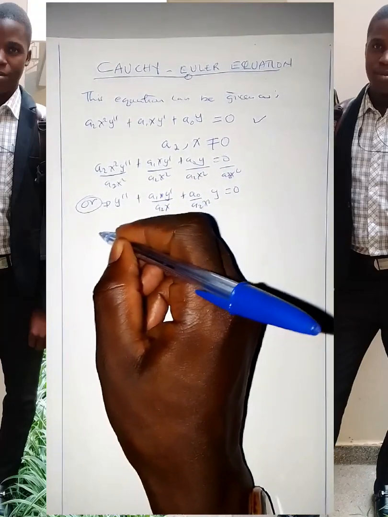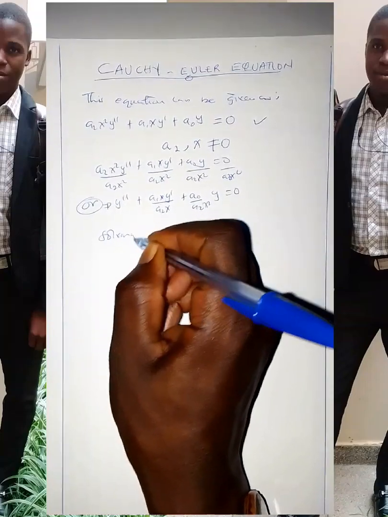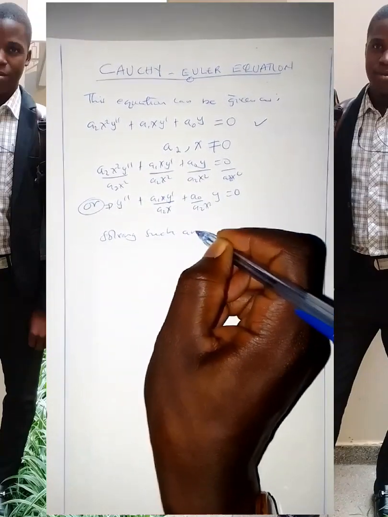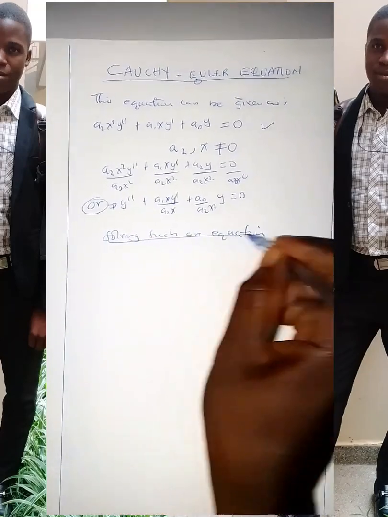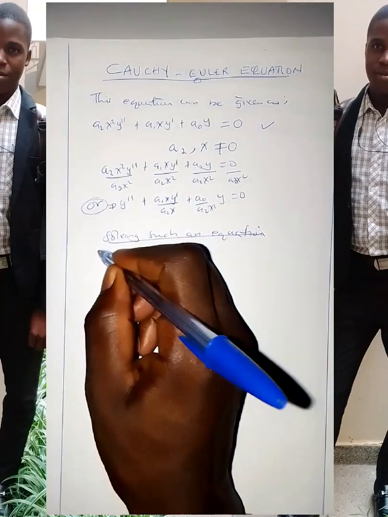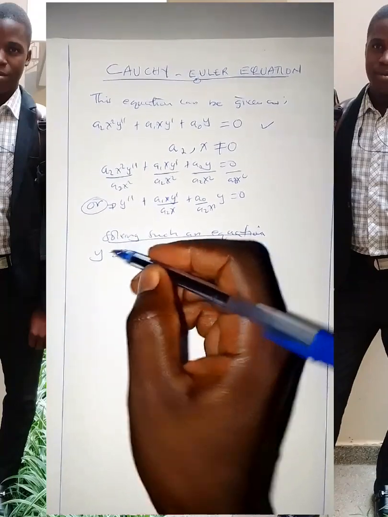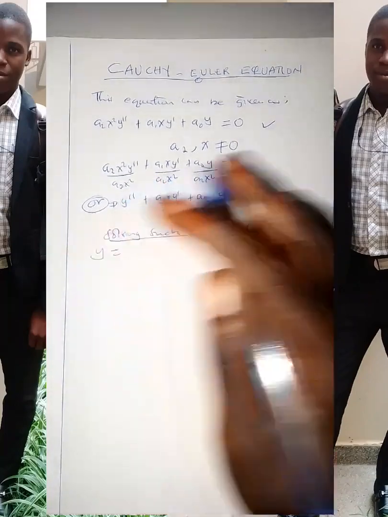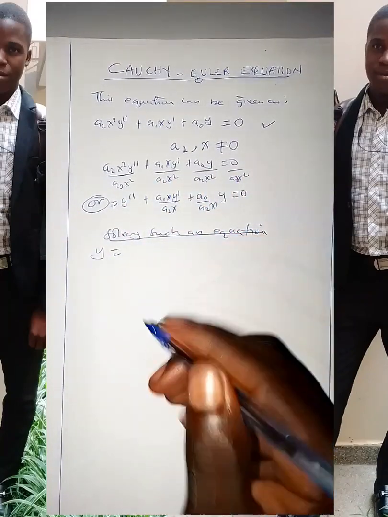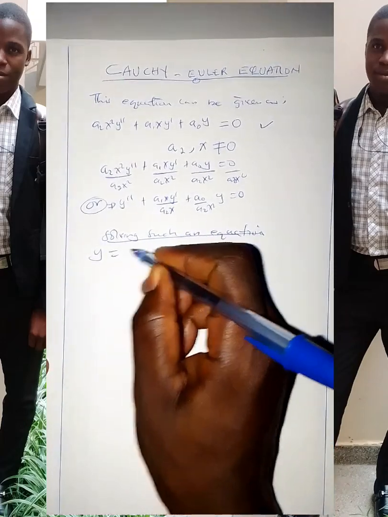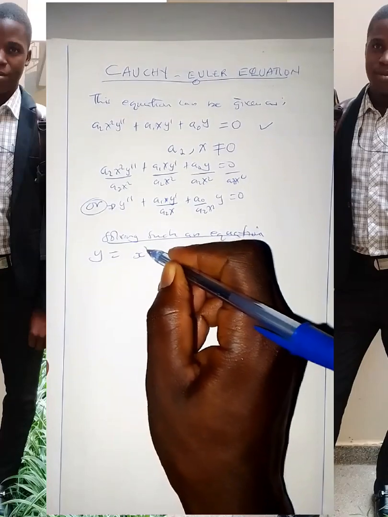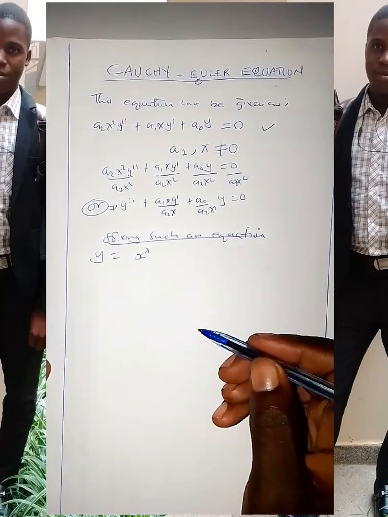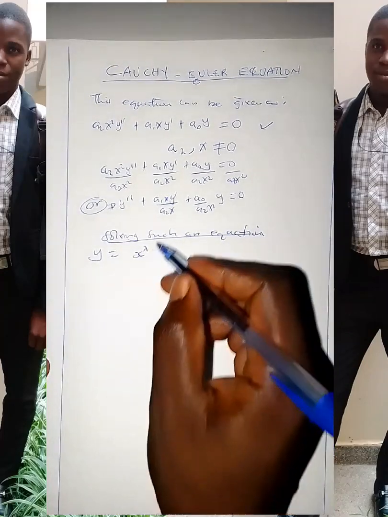So what happens when you are solving this? When it comes to solving such an equation, we shall have to let y equal x to the power of a certain parameter, lambda. We are introducing something new in this case.